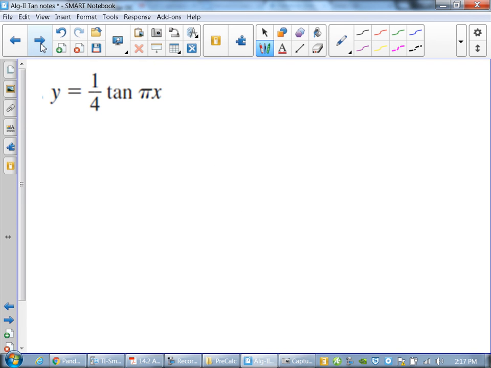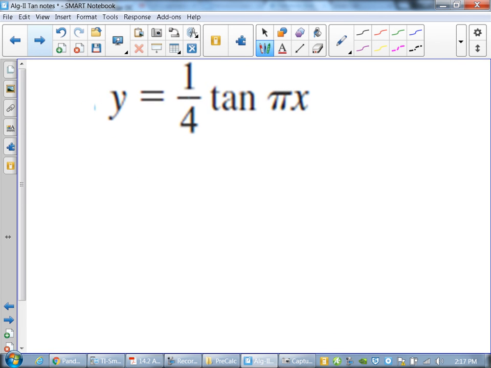We do 36. So 1/4 tangent pi times x. Your A value is a fourth. Your B value is pi. Your amplitude is a fourth. And your period is 1.